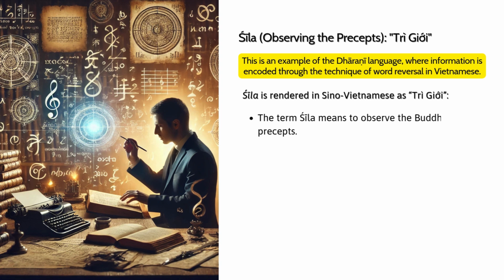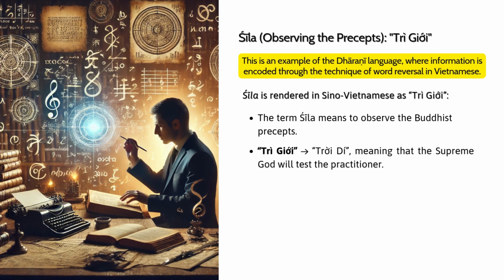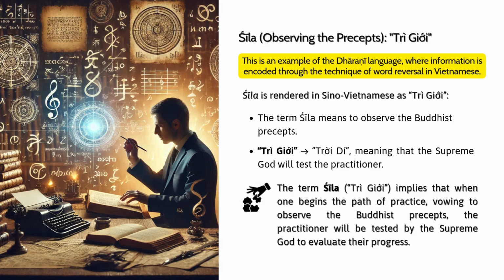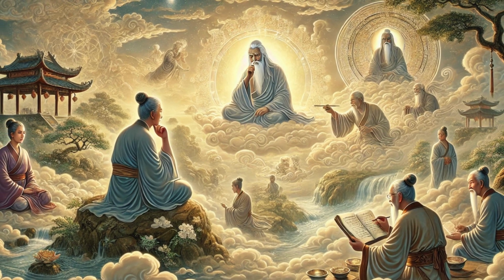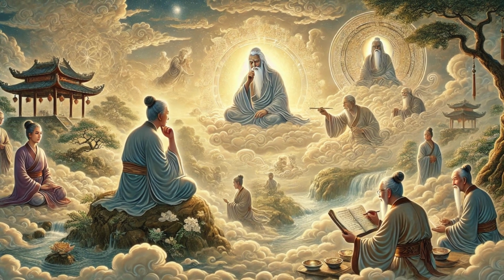The term Shila means to observe the precepts of Buddhism. When transformed through wordplay, Tri Joy becomes Troi Di, which means that the Supreme God will test the practitioner. Therefore, the term Shila, Tri Joy, implies that when one begins the path of practice, vowing to observe the Buddhist precepts, the practitioner will be tested by the Supreme God to evaluate their progress.